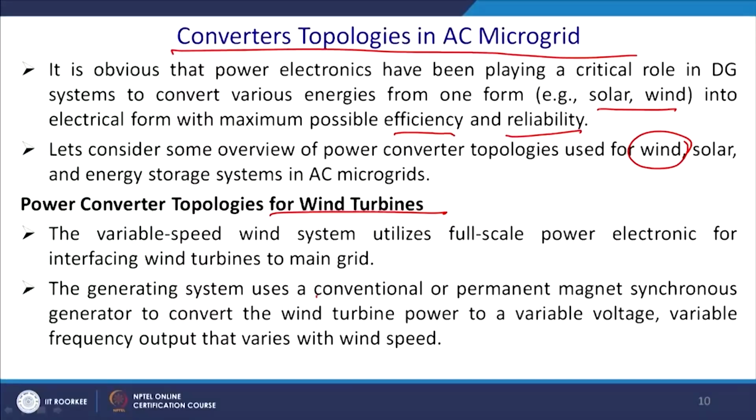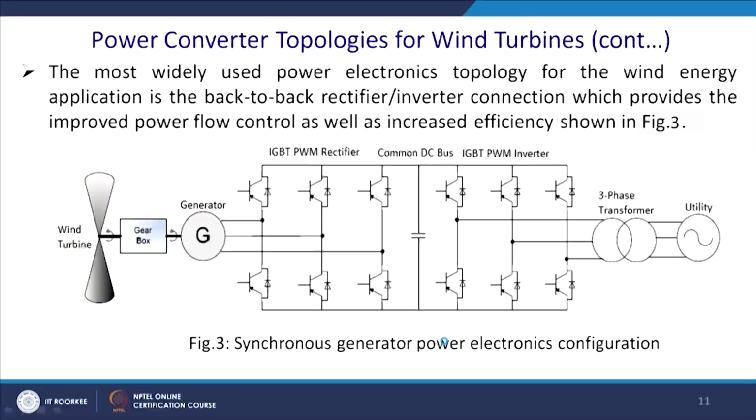The generating system uses a conventional or permanent magnet synchronous generator to convert wind energy into a variable voltage, variable frequency output that varies with the wind speed. Mostly this will be a PMSG, otherwise you will have a DFIG.